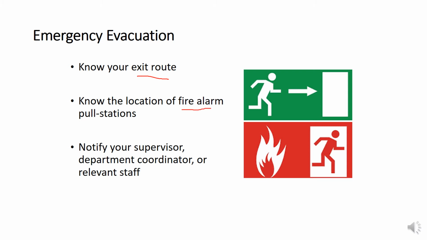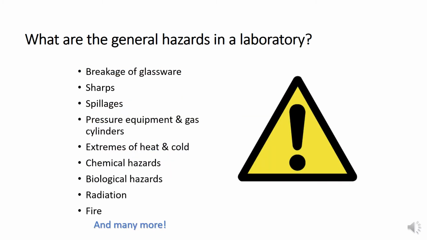If there is any emergency situation, it is your responsibility as a student or worker to notify your supervisor, departmental coordinator, or any relevant staff like a technician, your senior, or the fellow who is giving you the training. These are the emergency evacuation procedures. Definitely you should know about these.